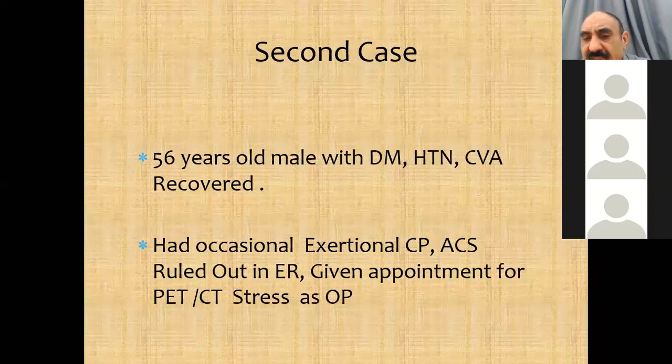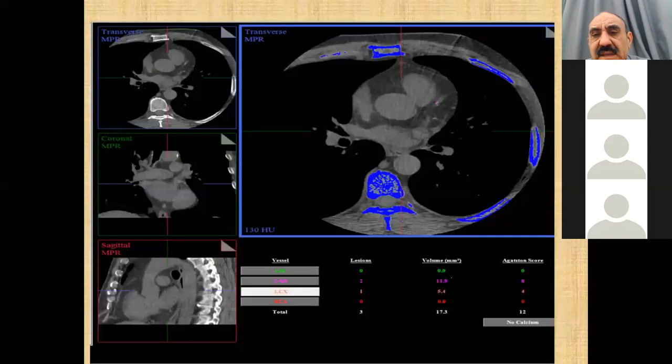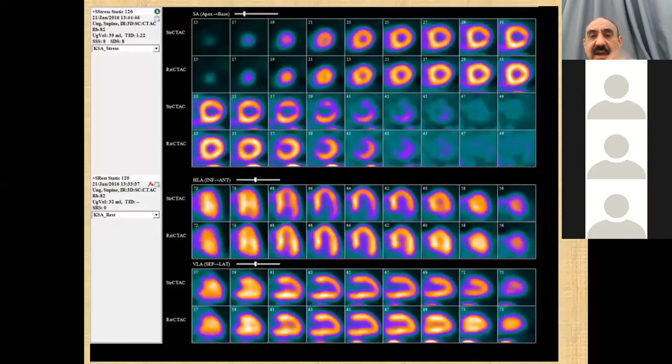If these are negative, then the patient will be given an outpatient appointment to get a nuclear stress test or any further evaluation, echo or otherwise. So this patient was sent for a nuclear cardiology scan by stress and rest rubidium.